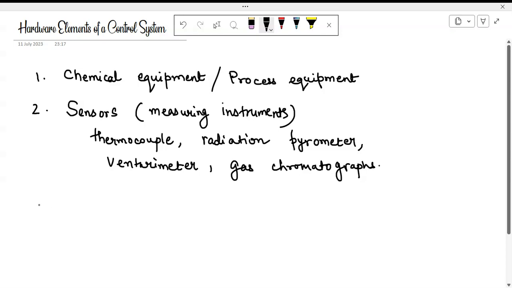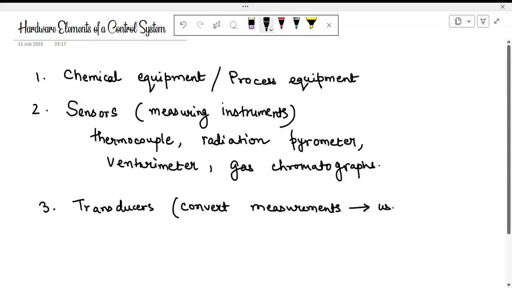So next in line comes the transducers. These are the main converting elements. They actually convert measurements into useful signals. By useful signals, I simply mean the electrical signal or the pneumatic signal. For example, a very common example is a strain gauge.